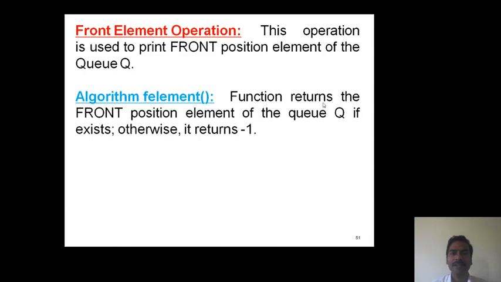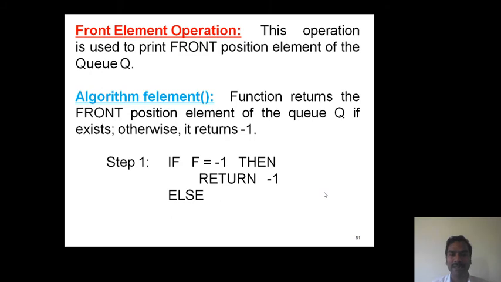This function returns the front position element of the queue if it exists, otherwise it returns minus 1. Step 1, if F equals minus 1, then elements are not available, return minus 1. Else, if elements are available, return Q of F. End if.